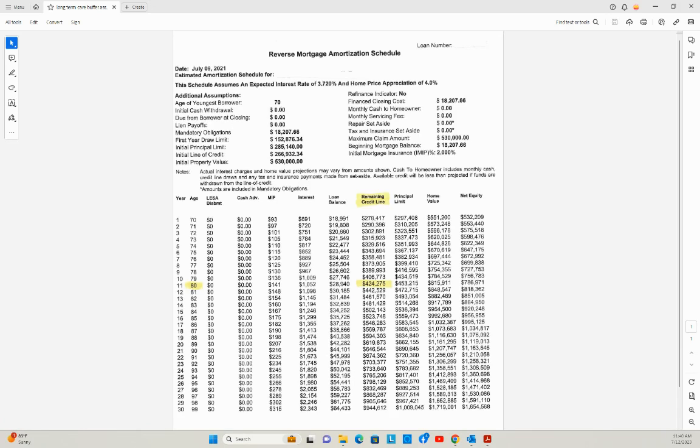So the only growth on this particular loan at the time of close was the closing cost and how it grows over time. Matter of fact, with these particular clients, about a year or two after we closed on this loan, they actually paid that initial loan balance down to about $1,000. You actually have to keep some money in the loan balance in order to keep this loan open.